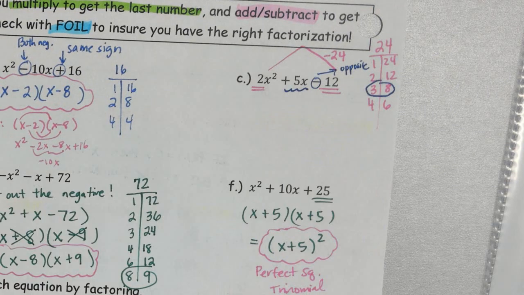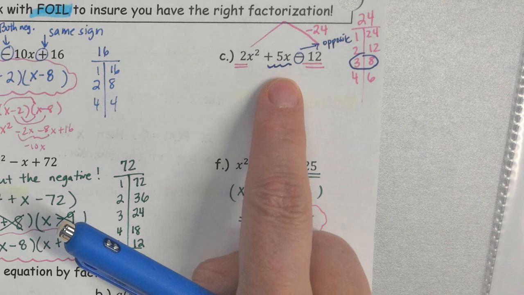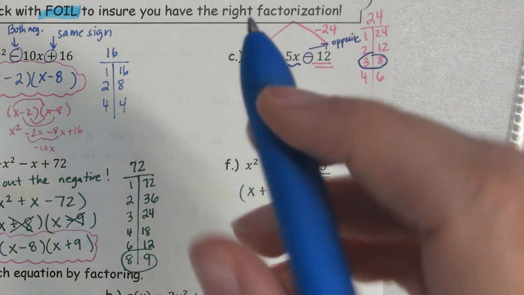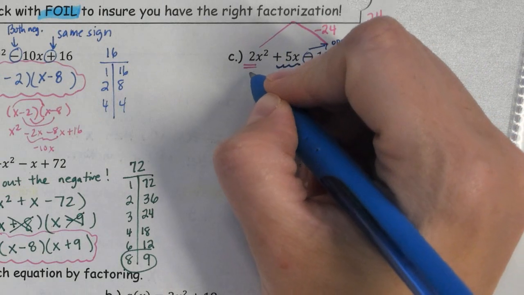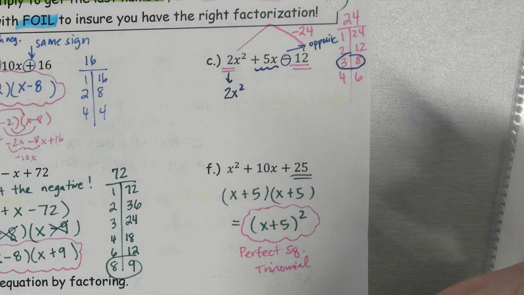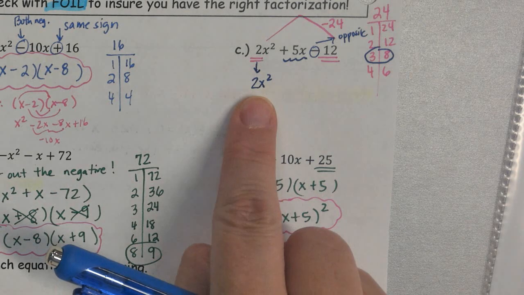Now the next step is going to seem a little strange at first, but what we want to do is write out the terms that are going to add to 5x, okay? So what happens is you just drop the 2x squared down, and then to determine what comes next, the 3 or the 8, you look at this.